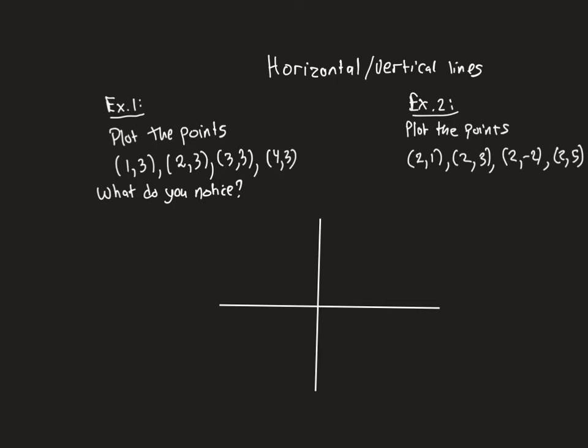So let's do that. So 1, 2, 3. So it's 1, 2 at 3, 3 at 3, and 4 at 3. And if I connect these together, I'm going to try to make this with a straight line now. I finally found a nice ruler button here.